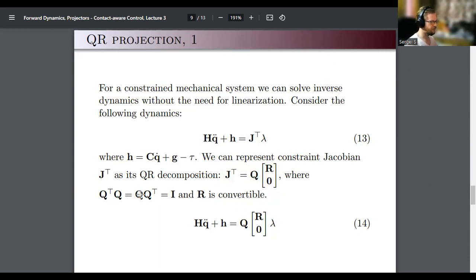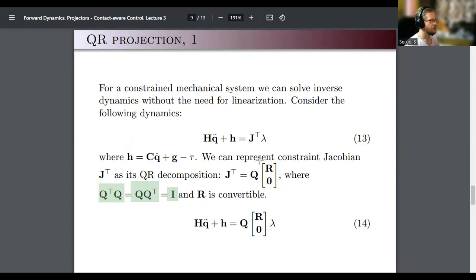They have properties. Q is, as you can see here, an orthogonal matrix, so it has properties of an orthogonal matrix, like a rotation matrix. You have already seen those types of properties in SVD decomposition, where U and V on the sides are orthogonal matrices, while the central matrix, sigma, is a diagonal matrix.